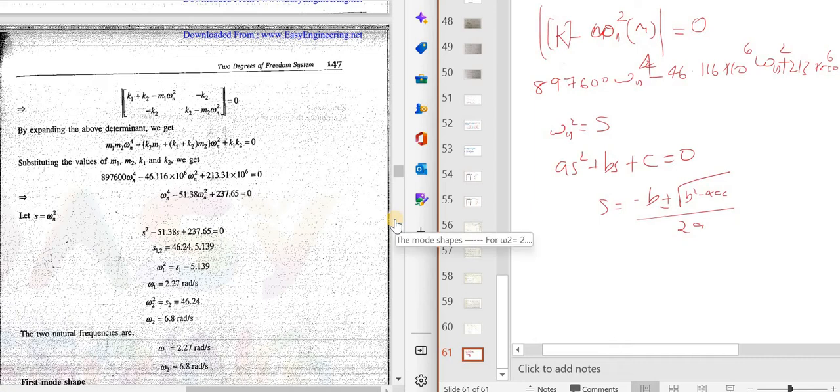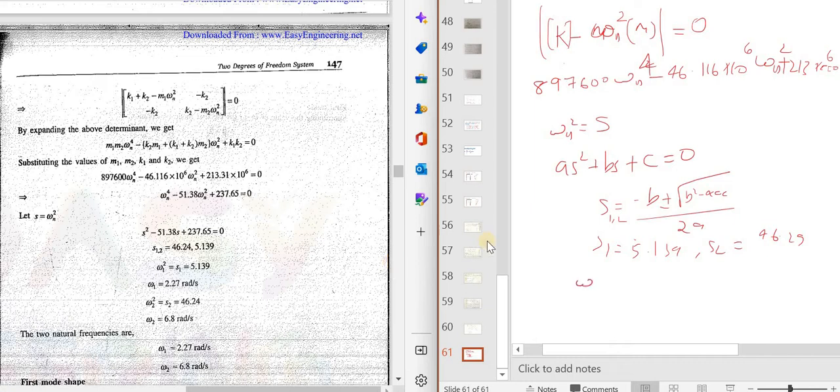So I can just substitute. There will be two roots, s1 and s2. S1 is equal to 5.139, and s2 is equal to 46.24.